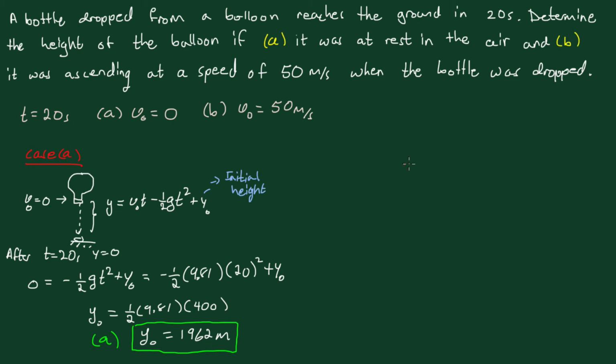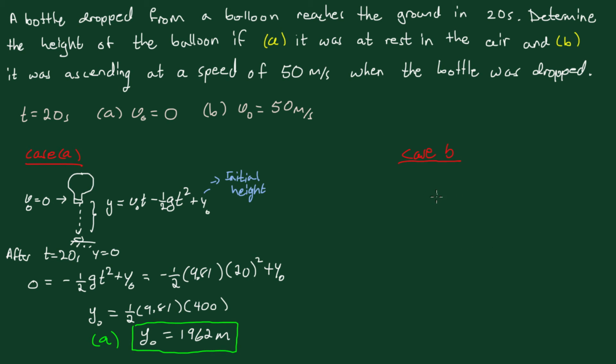Now, for part B, for case B, it's a little bit different because the hot air balloon is rising. If the hot air balloon is rising at a certain rate, V0 equals 50 meters per second, then the bottle is also rising with the hot air balloon. So the bottle's initial velocity is also 50 meters per second.